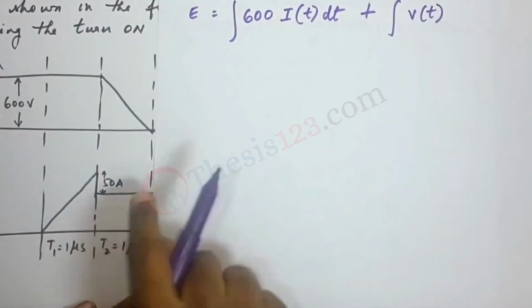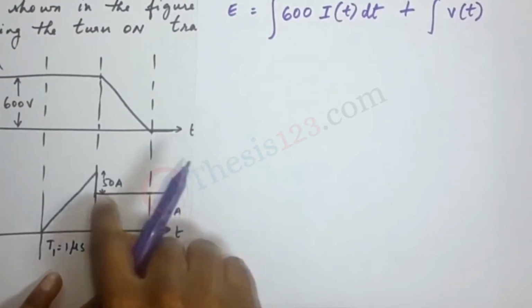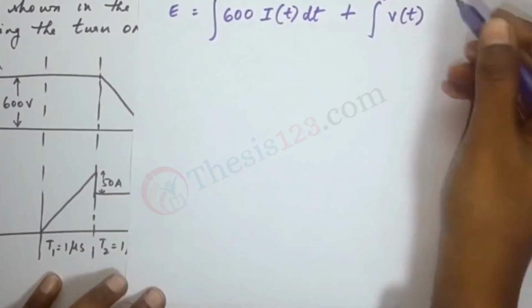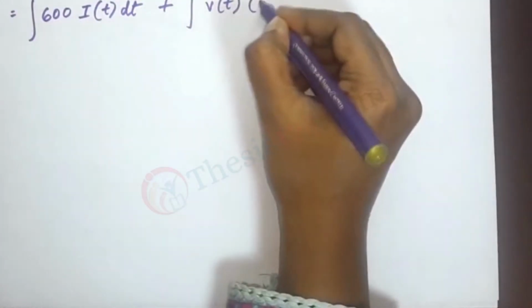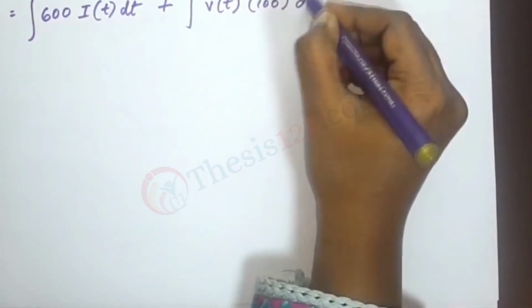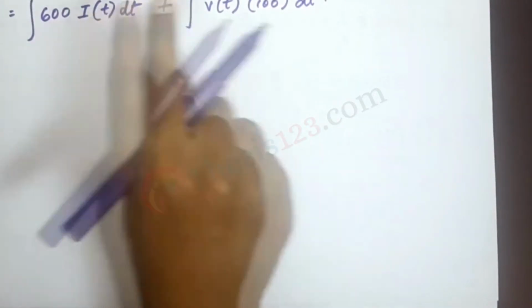Now I of t is a constant line here, and if we notice, it is at 100 amps. So we have our values. This is 100 dt.